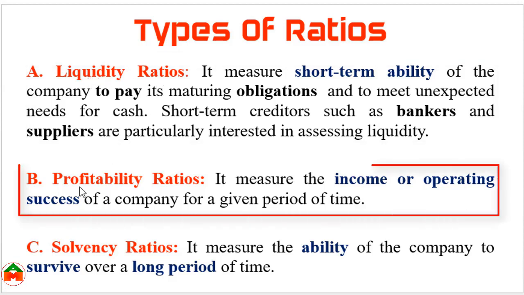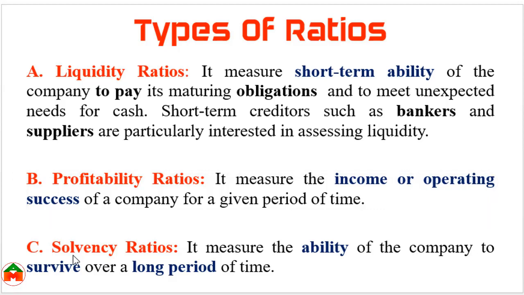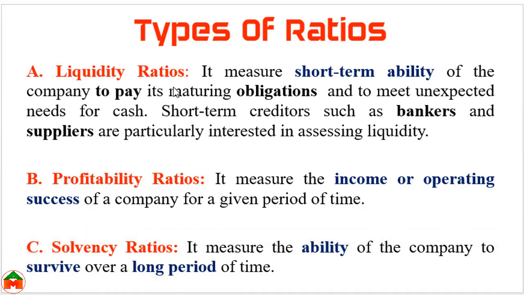Profitability ratios measure the income or operating success of a company for a particular period of time, and solvency ratios measure the ability of a company to survive over a long period of time. Short-term creditors are concerned about liquidity ratios, and long-term creditors and stockholders are concerned about profitability and solvency ratios.